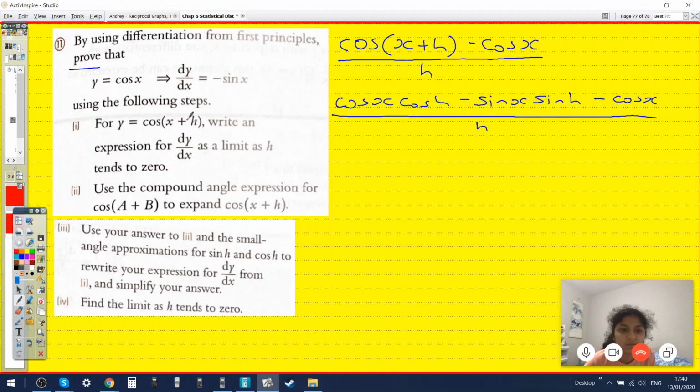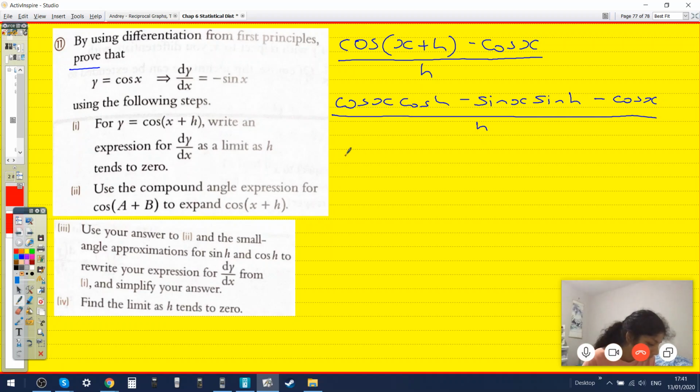H is the very small change. But cos x could be anything. In part 3, it says use the answer to 2 and the small angle for sine h and cos h. Yeah, h is a very small number.